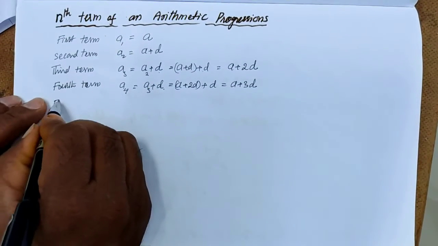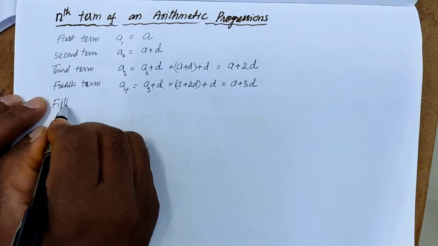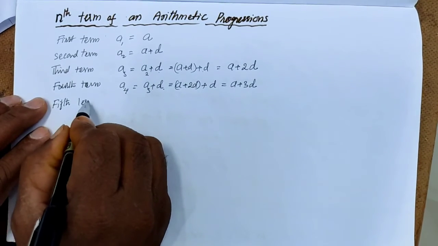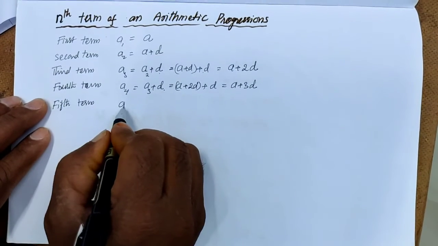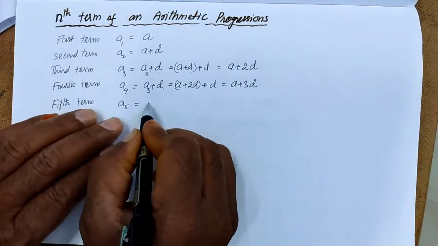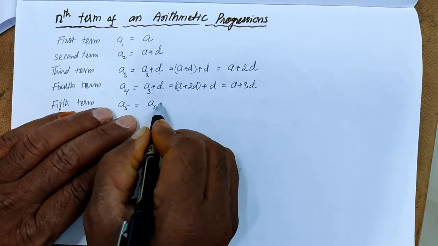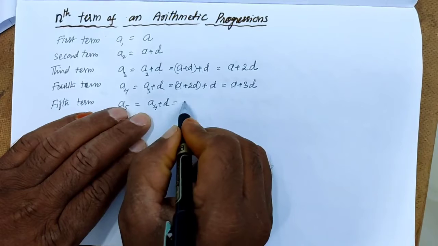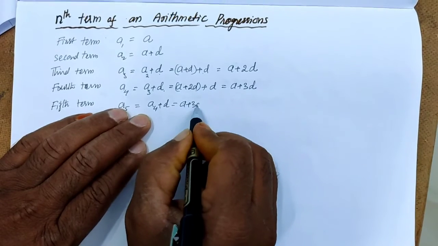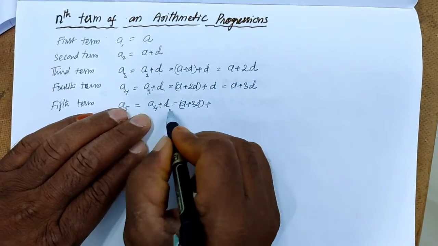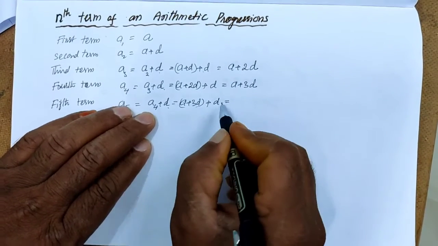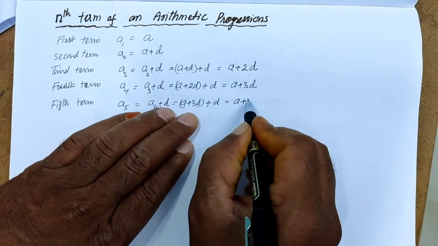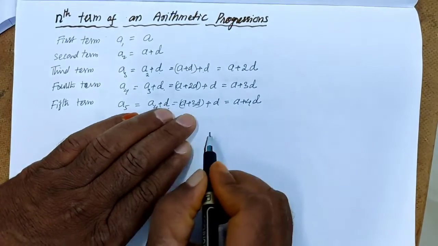And fifth term a5 is equal to fourth term plus common difference. What is the fourth term? a plus 3d, plus common difference, which is equal to a plus 4d.